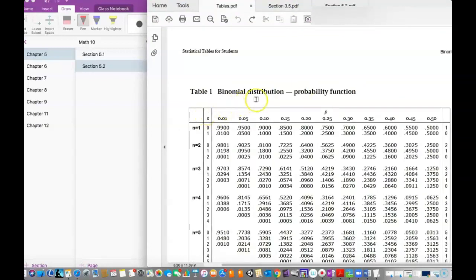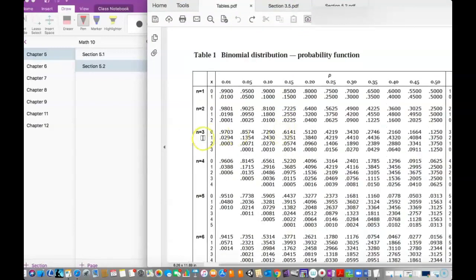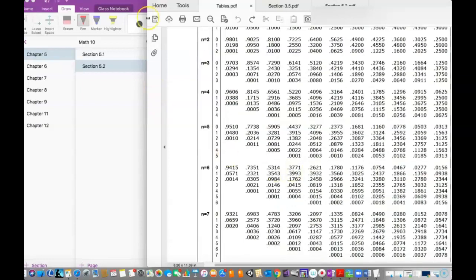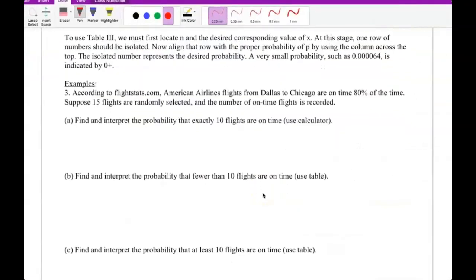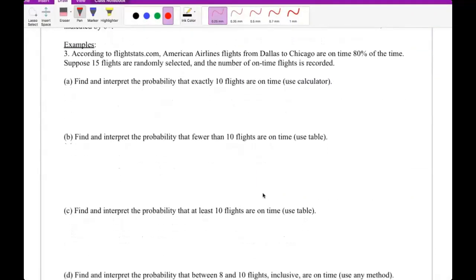See, we have the binomial distribution. Here is n, here we have x, and these on top are the probabilities of success. Okay, back to this example. I'll show you how to use that table.